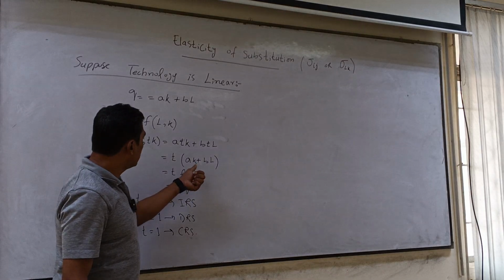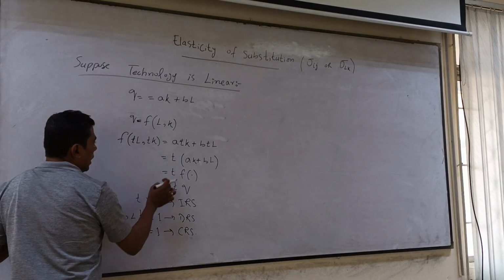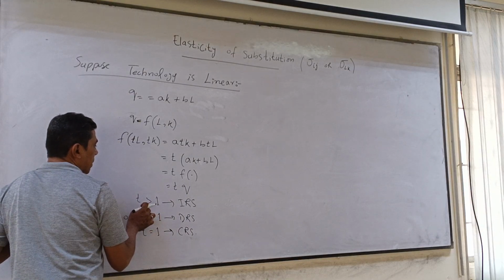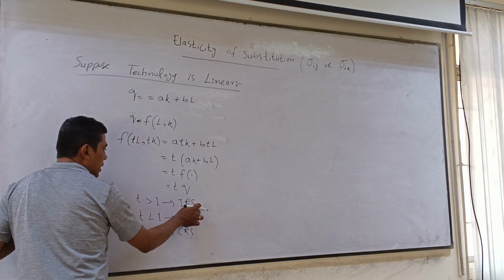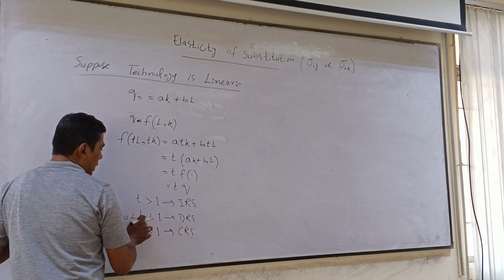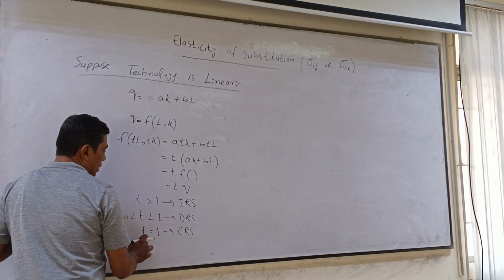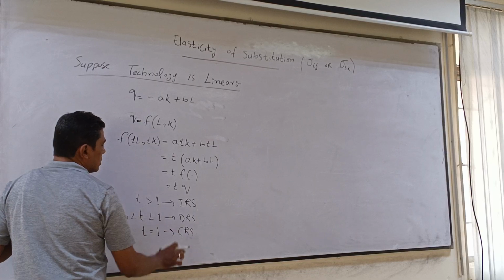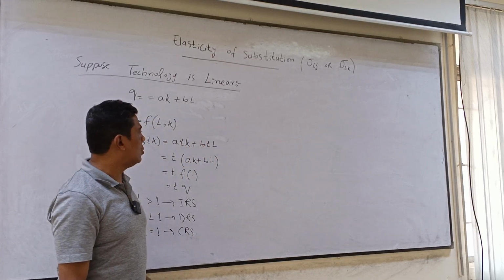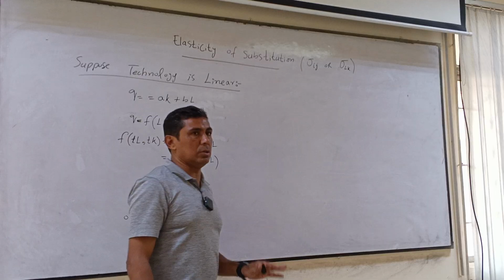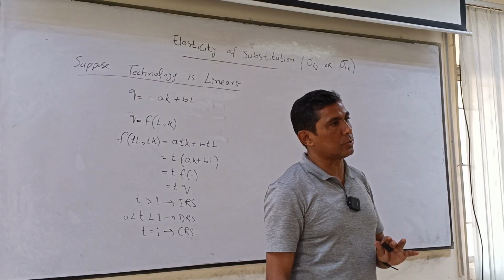If the power of any value of t after factoring out is greater than 1, so increasing returns to scale lies between this one, decreasing returns to scale, and equal to 1, CRS, constant returns to scale. Clear? So linear technology also has increasing, decreasing and constant returns to scale.